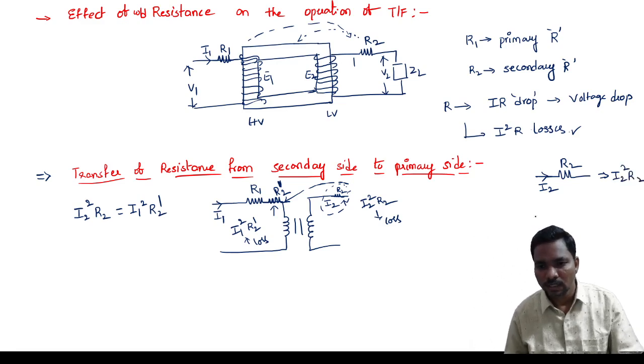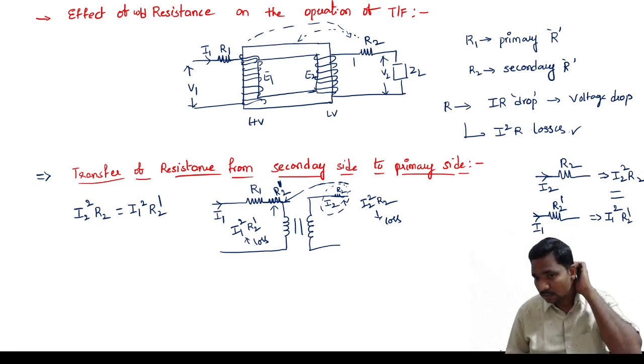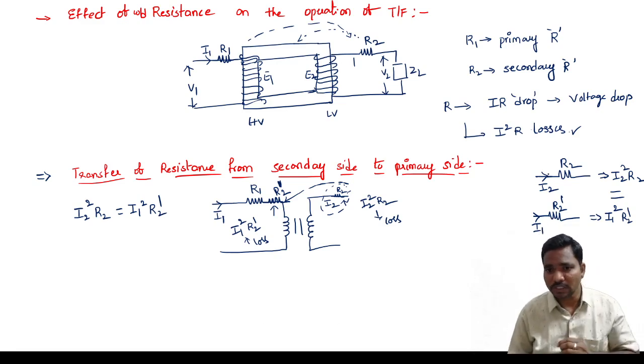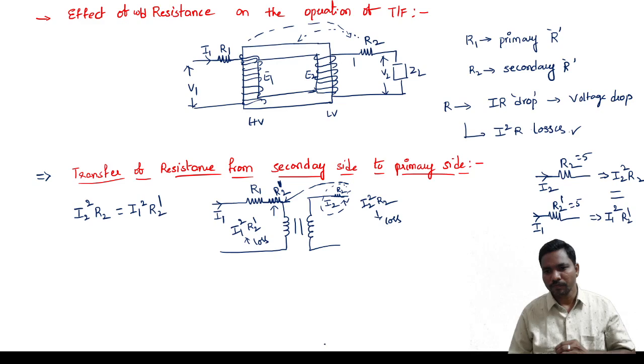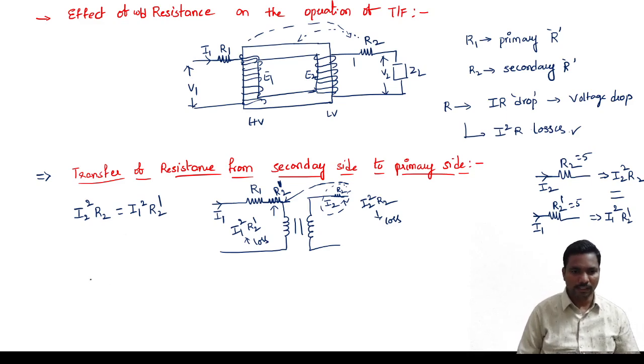If R2 comes to the primary side it becomes R2 dash with current I1, and the loss is I1 square R2 dash. Both are the same. Same resistance, the losses are the same.